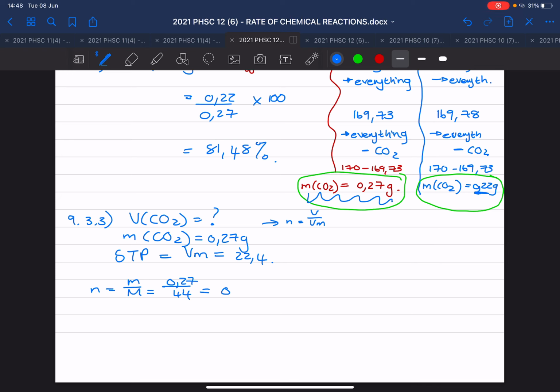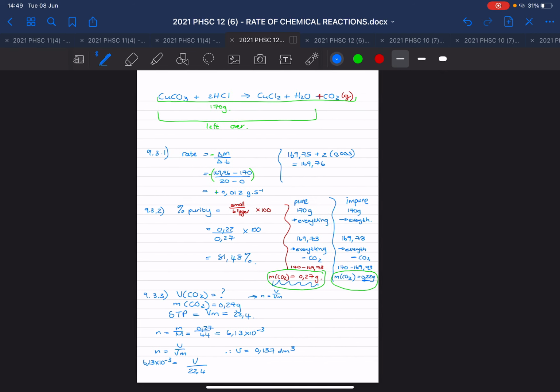That is 6.13 times 10 to the power minus 3. Now we want to calculate the volume, so that is 6.13 times 10 to the power minus 3 times the volume at STP. So the volume is 0.137 decimeters cubed. Okay, so that was quite a difficult question.